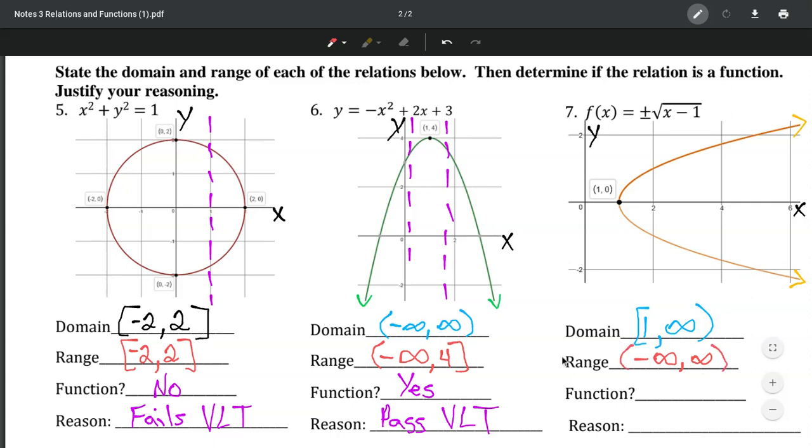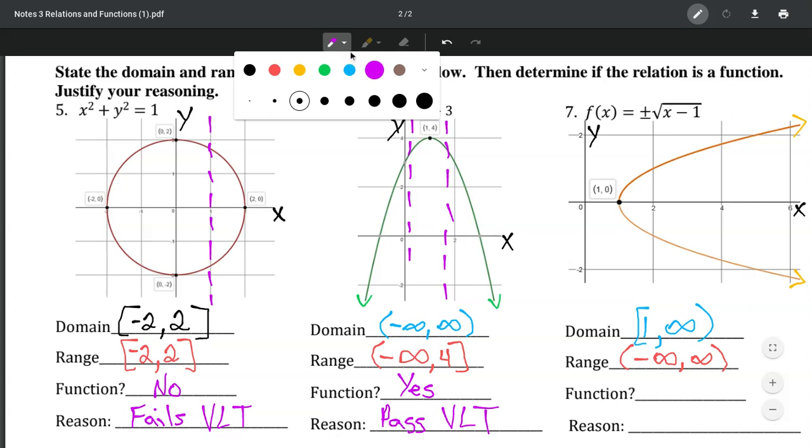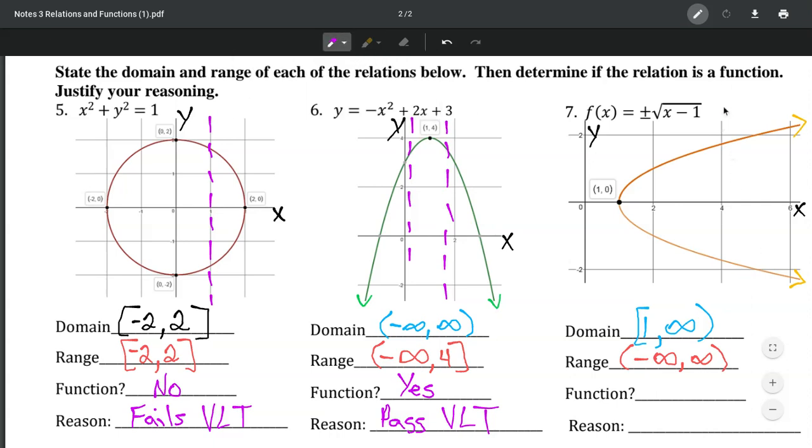And in terms of this being a function, there are a lot of places we could check. Pretty easy place to check would be, for example, right here. Again, you're not trying to make it be a function, you are trying to determine if it is. And so if there's any place where you can draw a vertical line and touch your graph in more than one location, intersect in more than one location, such as here, this would not be considered a function.